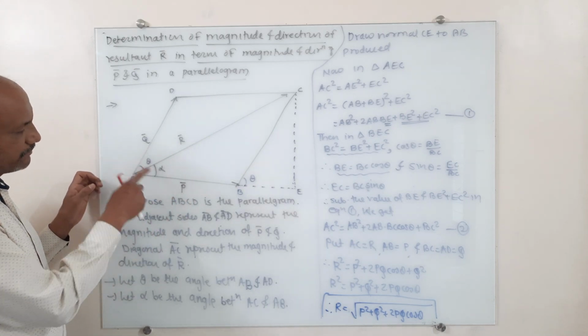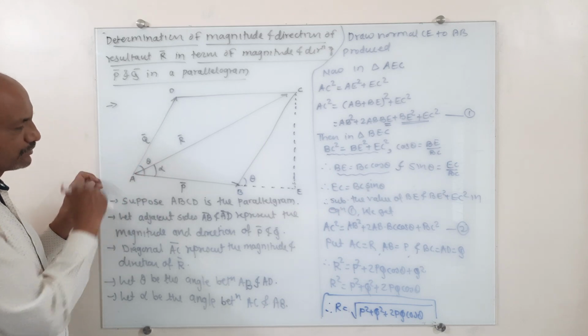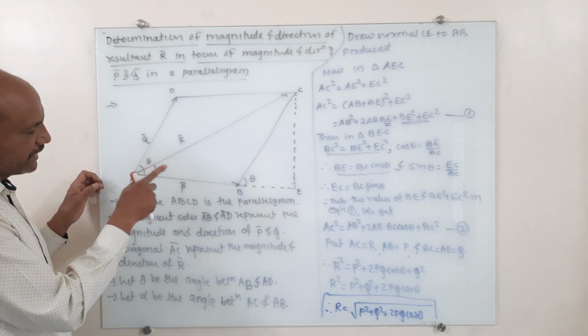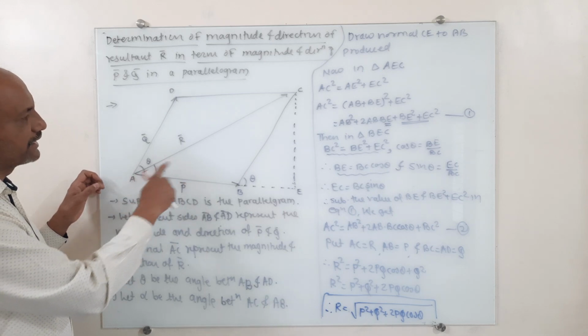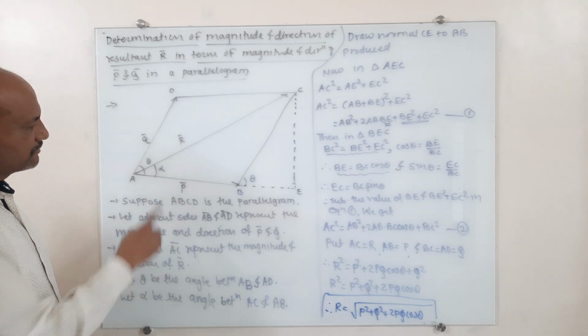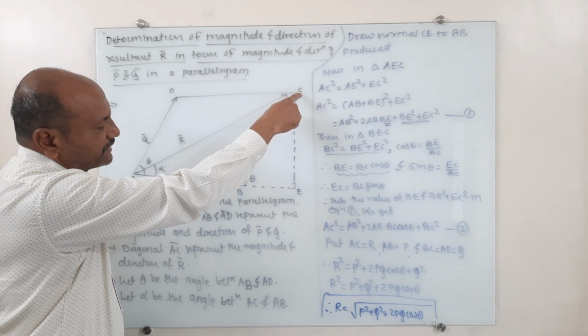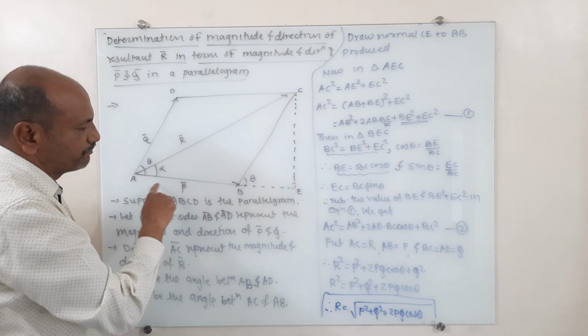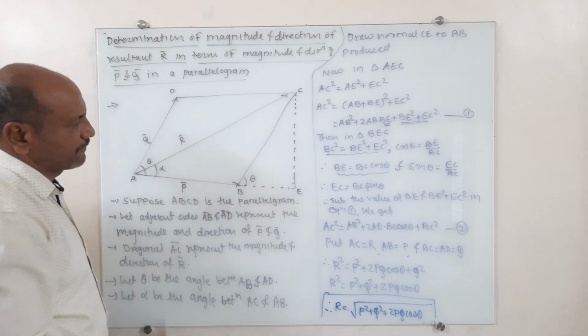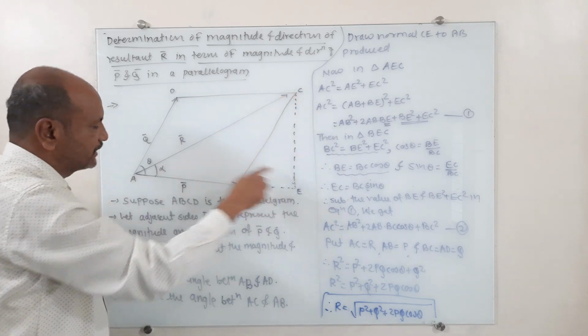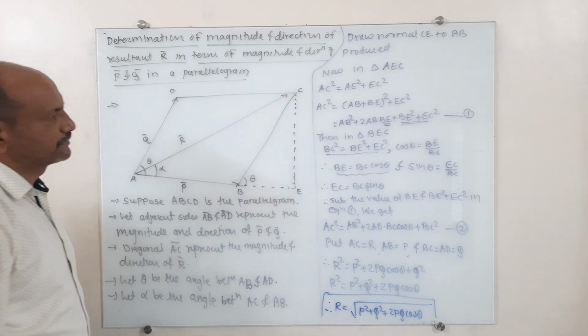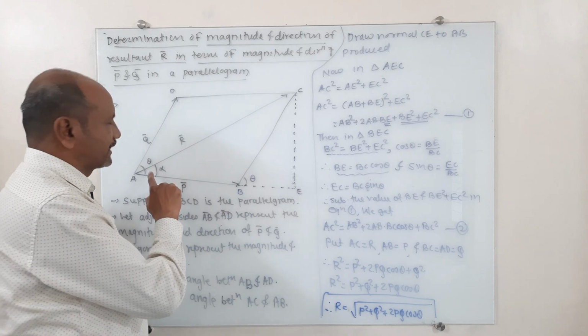Theta is the angle between P and Q. Alpha is the angle between sides AB and AC. Now draw a normal from C to AB produced.